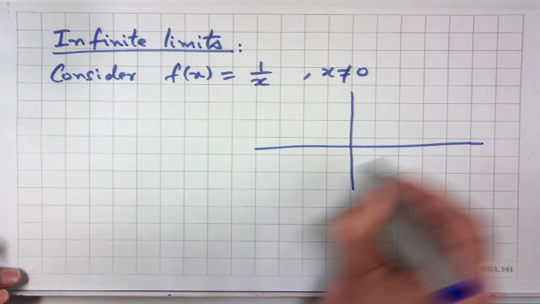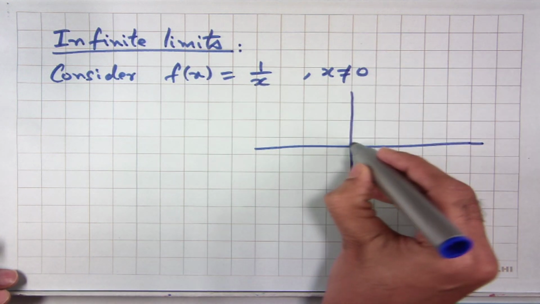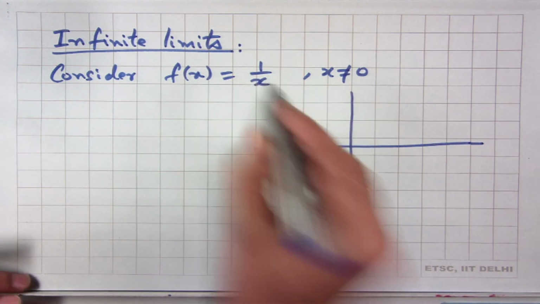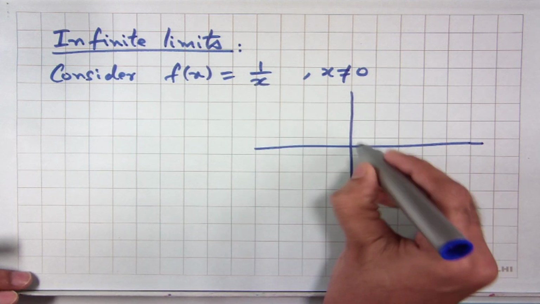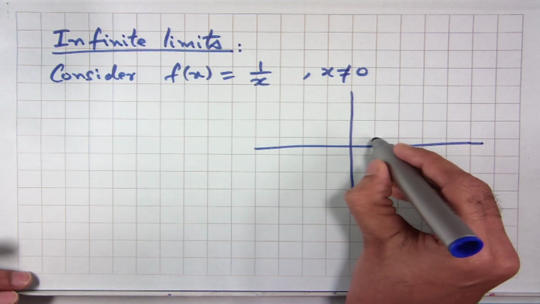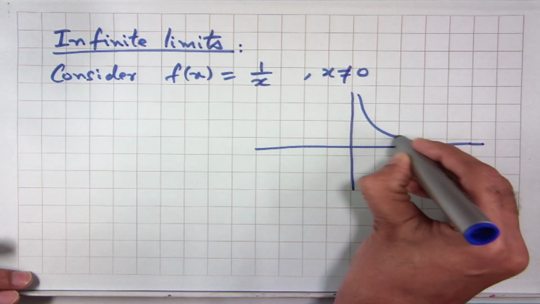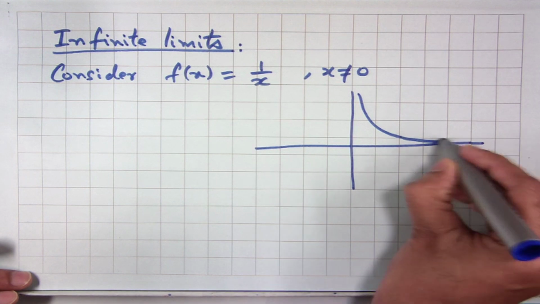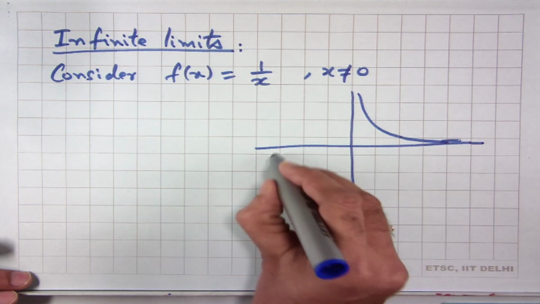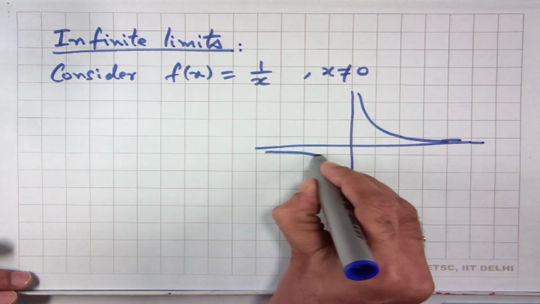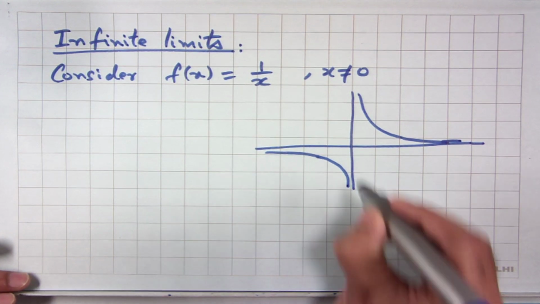If you see, as we approach 0, as x becomes a small positive number, 1 by x becomes larger and larger. The graph of this function is this rectangular hyperbola, and for negative x we have this branch.